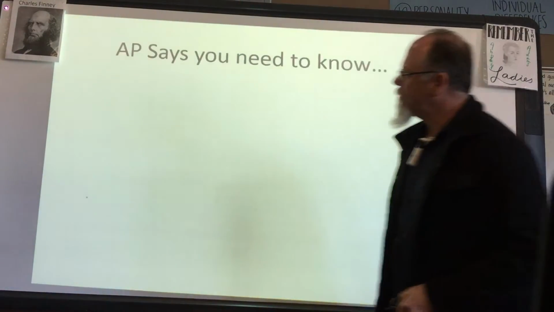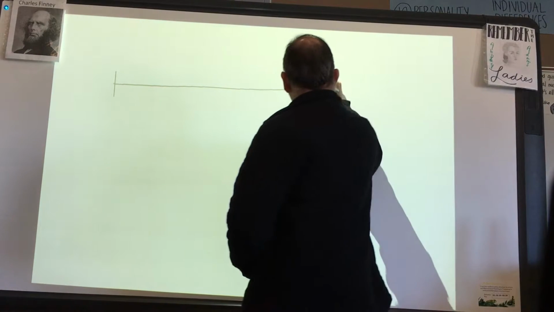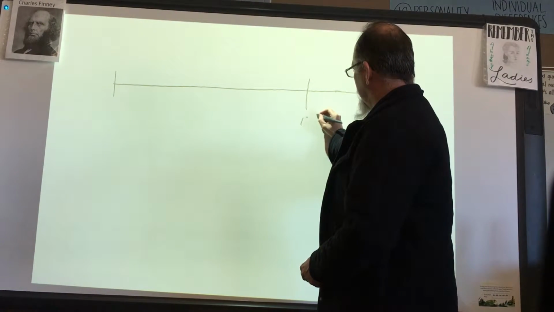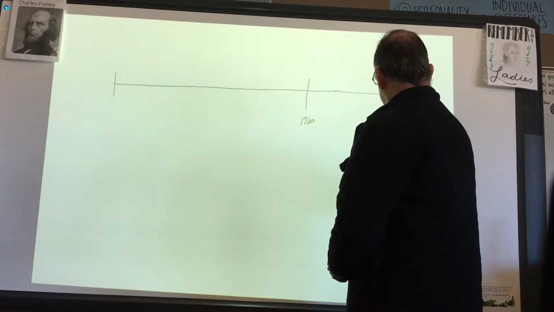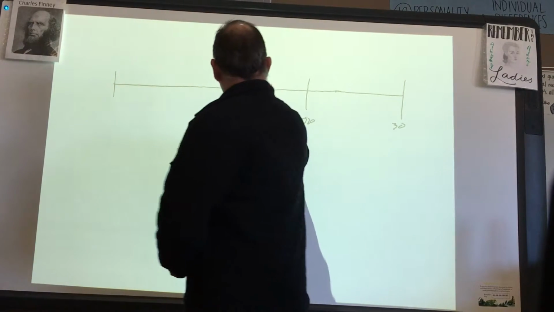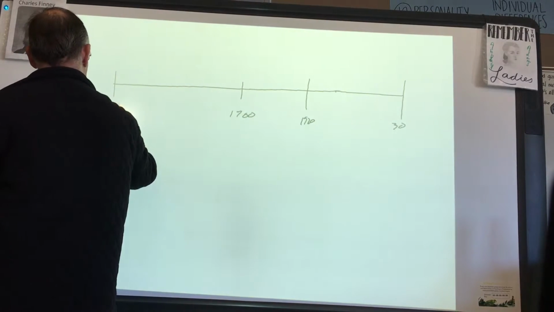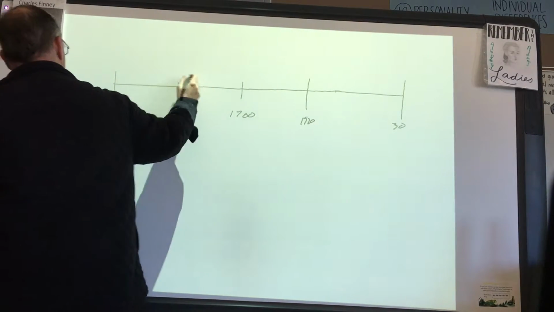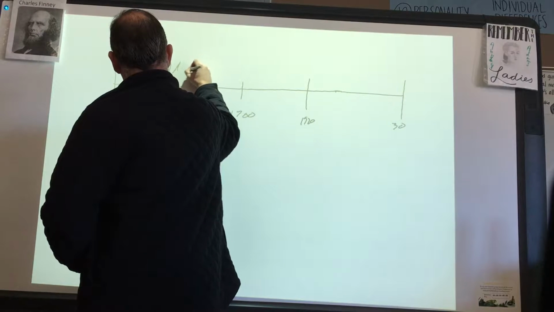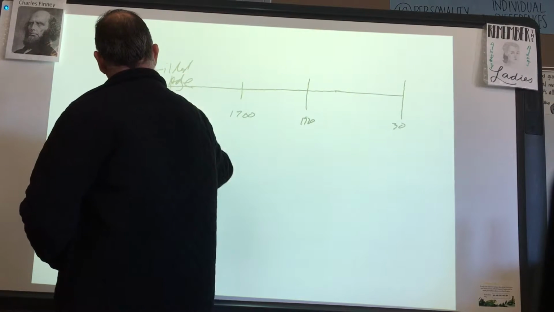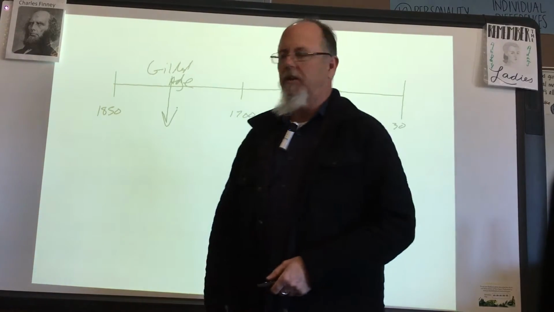Can I reinforce this a minute? So if this is 1920, 30, and then this is 1900, and this, we'll just say 1850. So this Gilded Age, what are the characteristics of the Gilded Age?